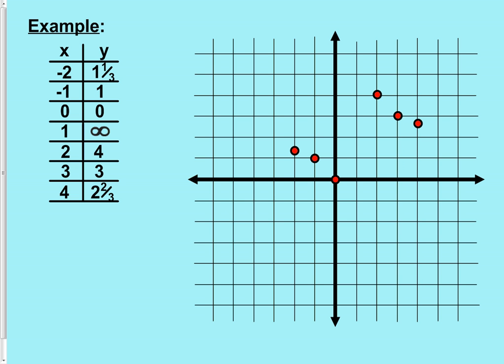Obviously you should be getting the general idea of the hyperbola that is forming there, so we can connect the dots and guesstimate what the remaining tails of these components of the hyperbola are doing.